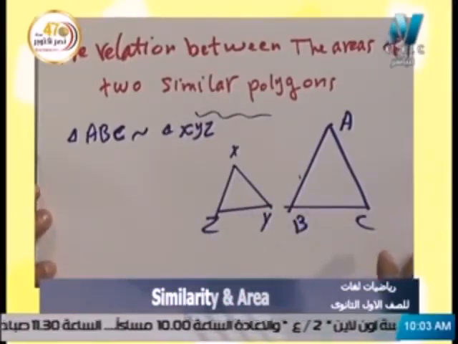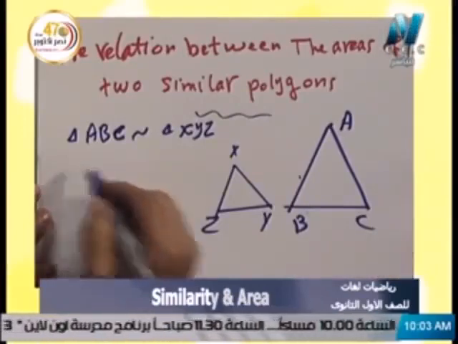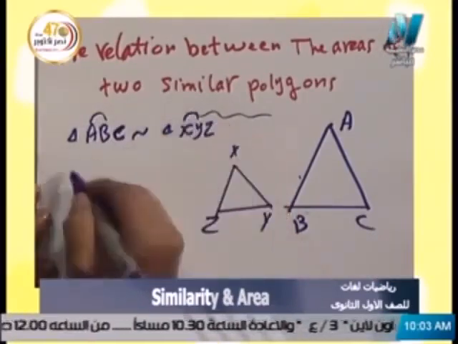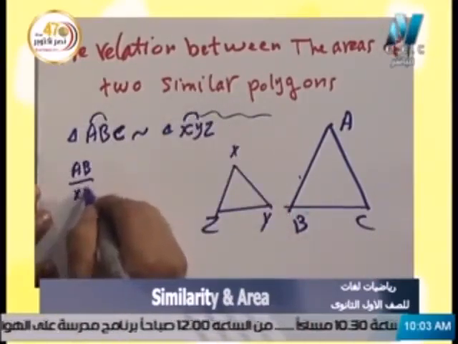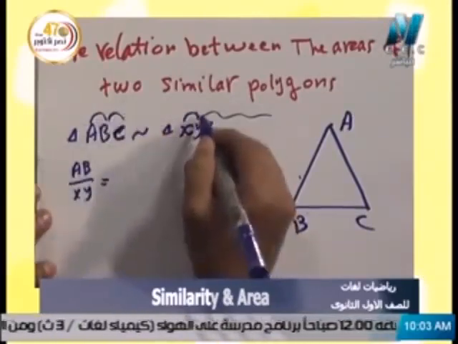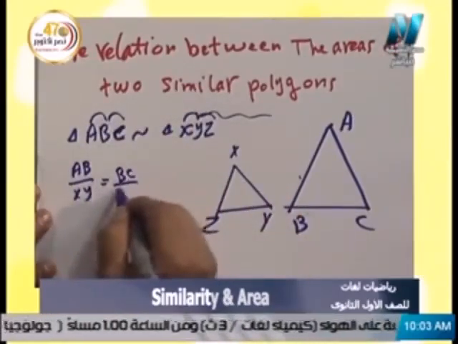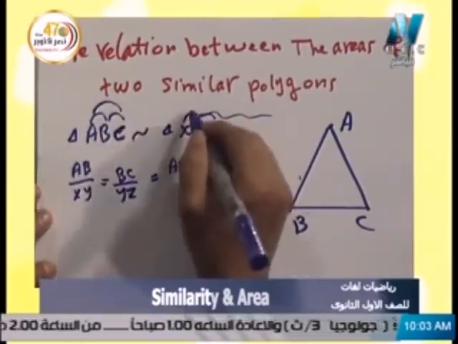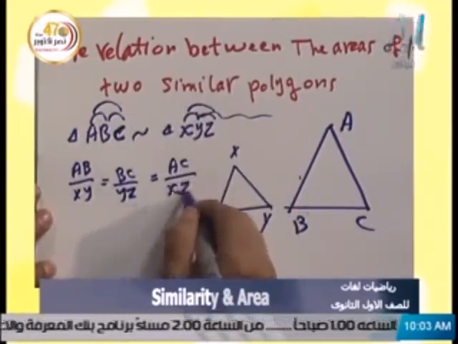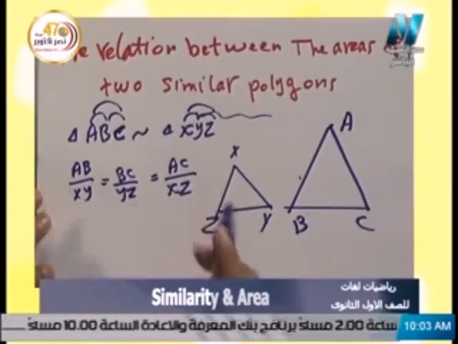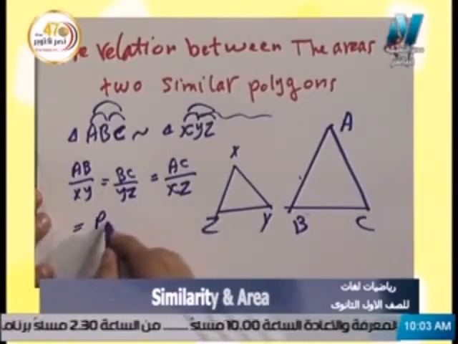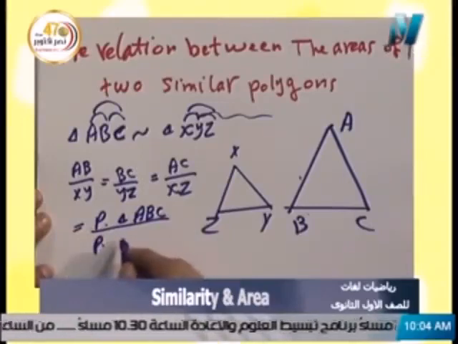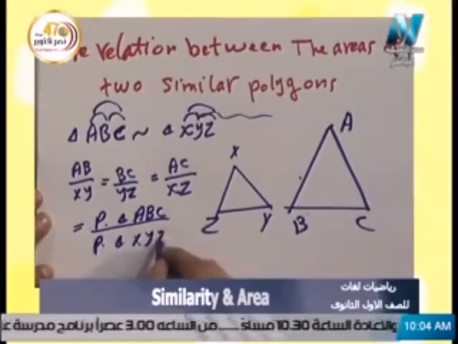As we said before, the ratio of these triangles is AB over XY equals BC over YZ equals AC over XZ. Each ratio equals the perimeter of triangle ABC over the perimeter of triangle XYZ.